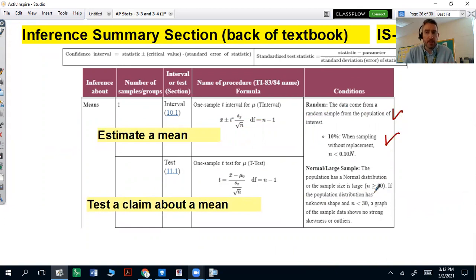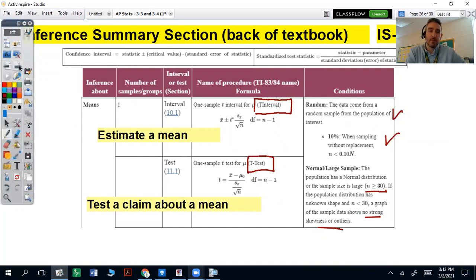So remember with the normal, it's either the population is normal, the sample is large enough, or if not, your data shows no strong skewness or outliers. So that's the same for an interval or a test. Again, t-interval is the name for one sample, and t-test is the name for a one sample t-test.